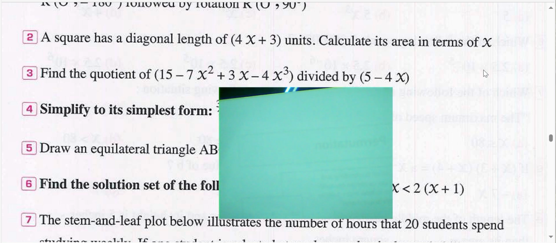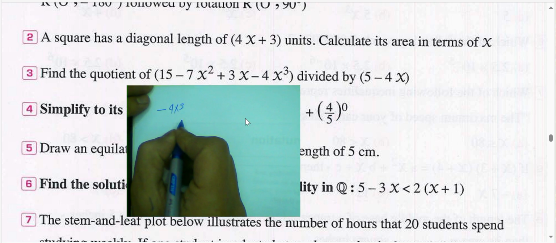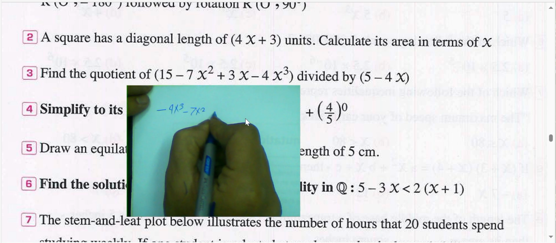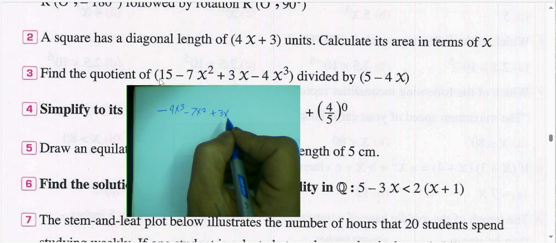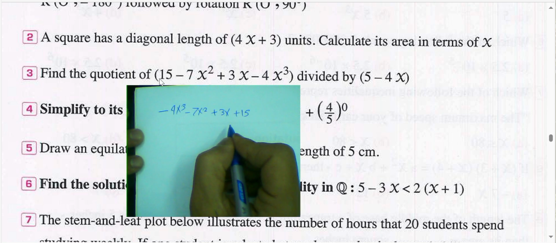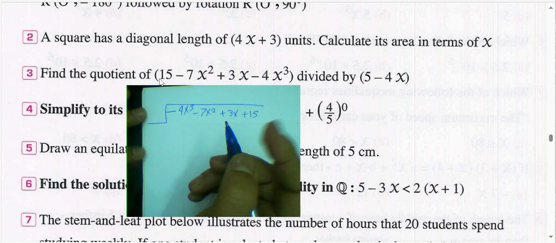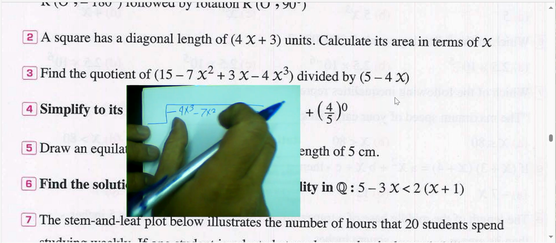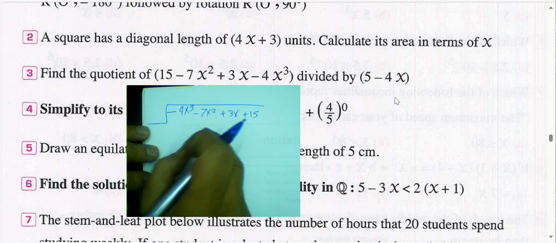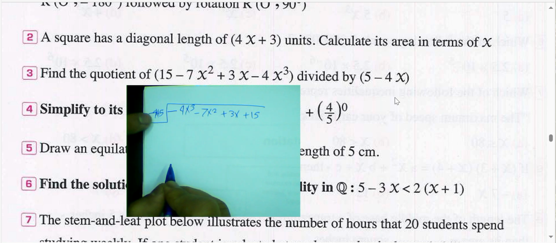We write negative 4x power 3, negative 7x power 2, plus 3x, plus 15. This expression will be divided by 5 minus 4x, but 5 minus 4x is not arranged descending, it's in ascending order. We must arrange dividend and divisor both descending, so we write negative 4x plus 5.